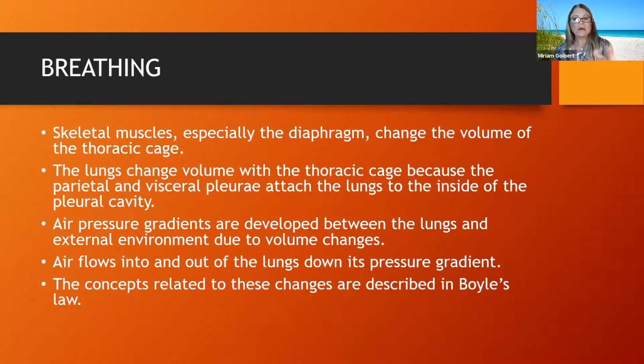So what is the pressure outside? The pressure outside is our atmospheric pressure, right? At sea level, it's about 760 millimeters of mercury. So when we inhale, the pressure inside our lungs is 758.